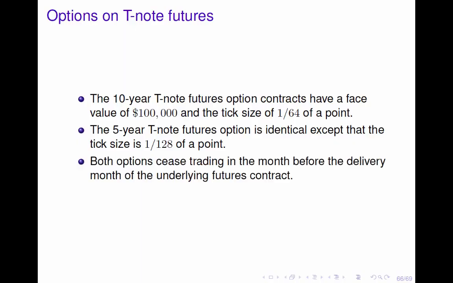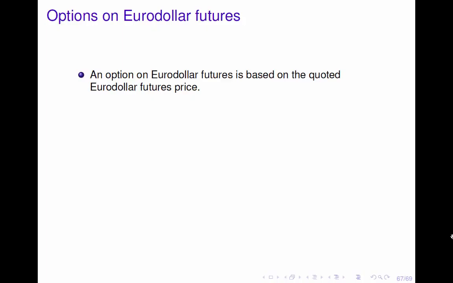Both options cease trading in the months before the delivery months of the underlying futures contract. Finally, let's introduce the options on Eurodollar futures. An option on Eurodollar futures is based on the quoted Eurodollar futures price.